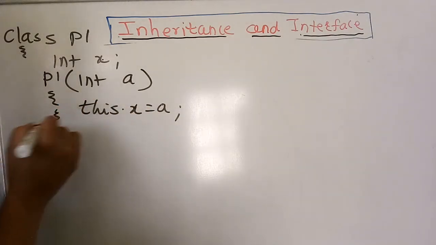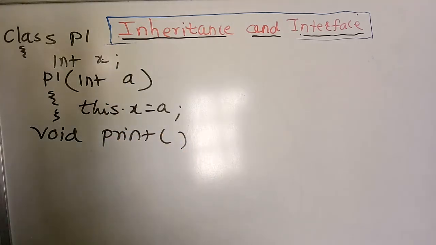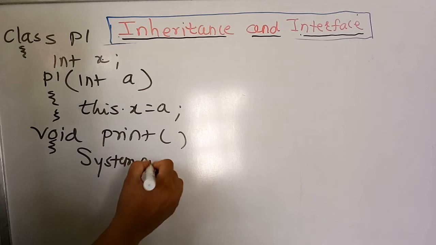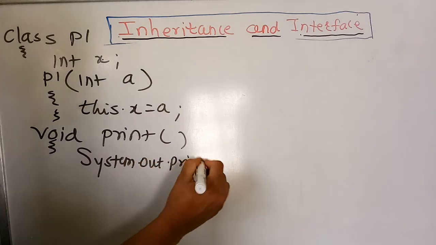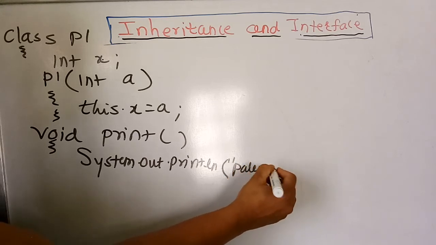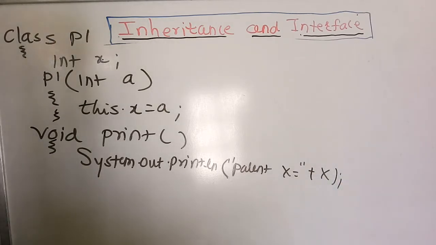Now here we will write one method, the print method. This method will only print the value of the variable, System.out.println, with a message like "print x" followed by x.